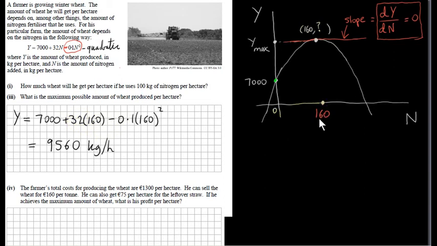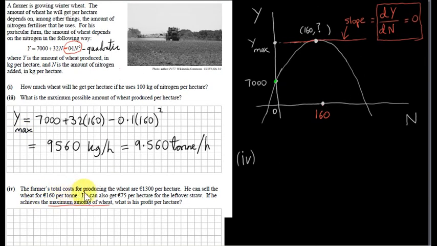So we just plug 160 in for n into the equation of the curve, because we're looking for a point on the curve. So we get 7,000 plus 32 times 160 minus 0.1 times 160 squared. That gives 9,560 kilograms per hectare. So we can call this value y max.